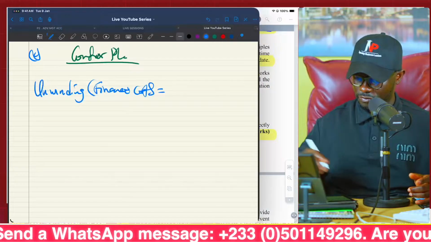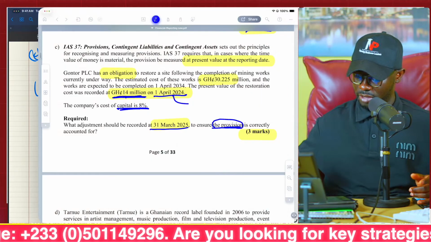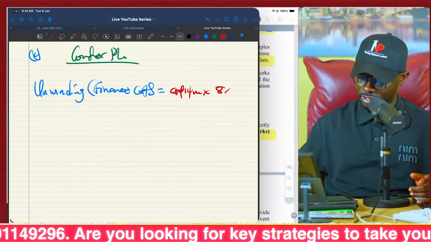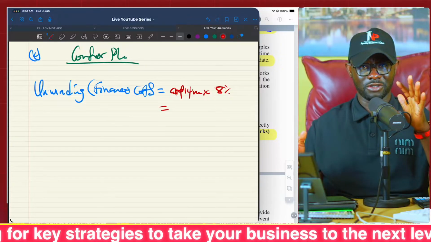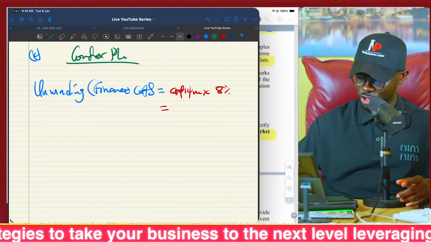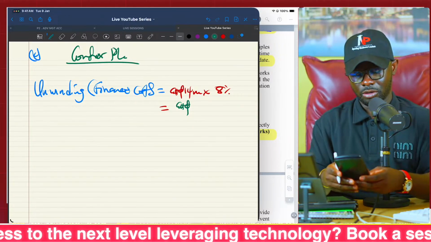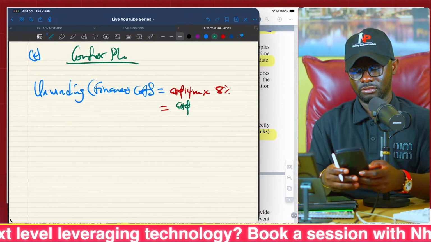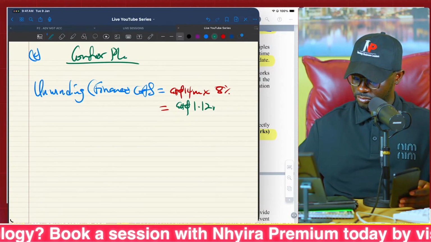So that is going to be the 14 million Ghana cedis multiplied by 8%. And it's a full year, because 1st April 2024 to 31st March 2025 is a full year. So we bring that in, 8% on 14 million, 0.08 by 14, and that is 1.12 million Ghana cedis.